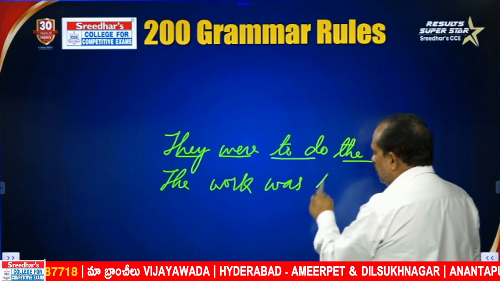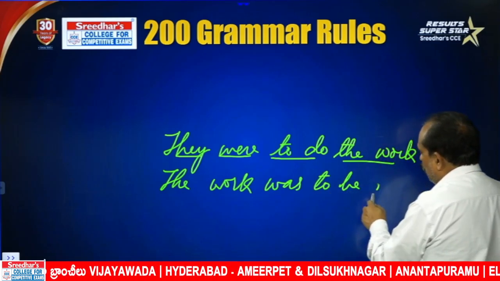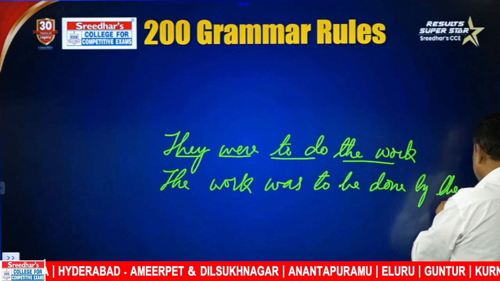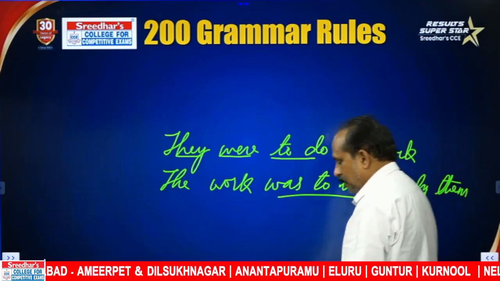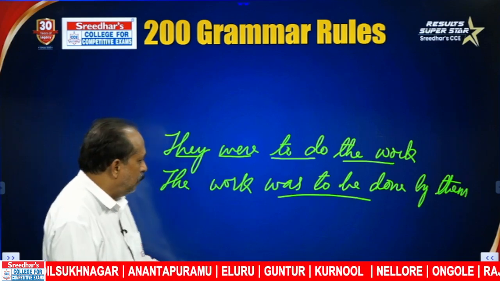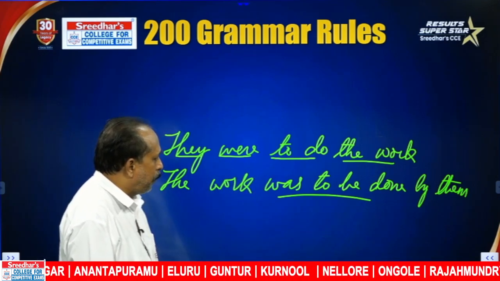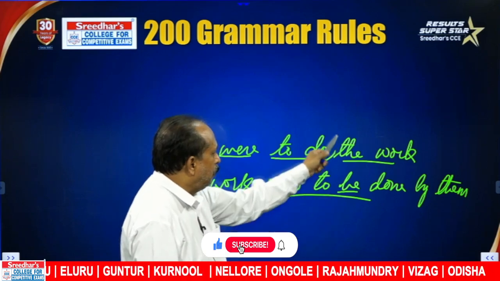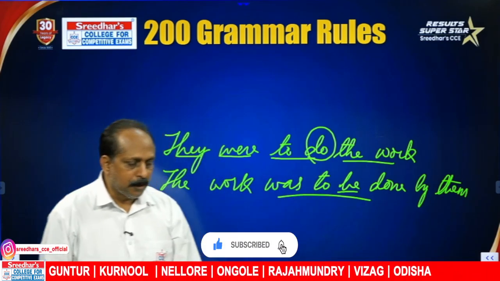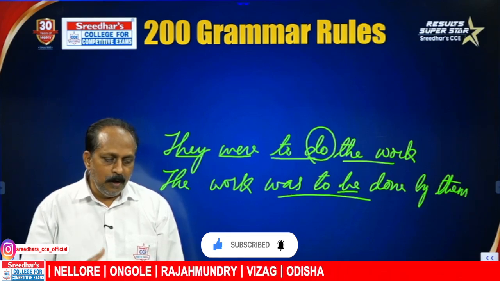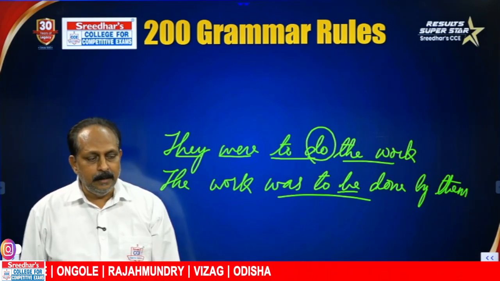The work was to be done by them. Is to be written, was to be done. Here we have repeated the helping verb, the primary auxiliary, 'to', then we have added 'be', and whatever the verb, we have to use a past participle form. They were to do the work changes to the work was to be done by them.